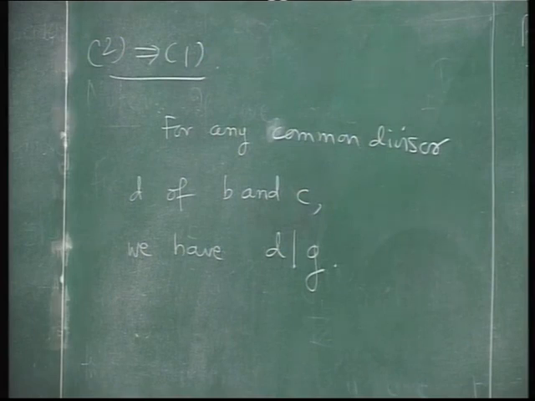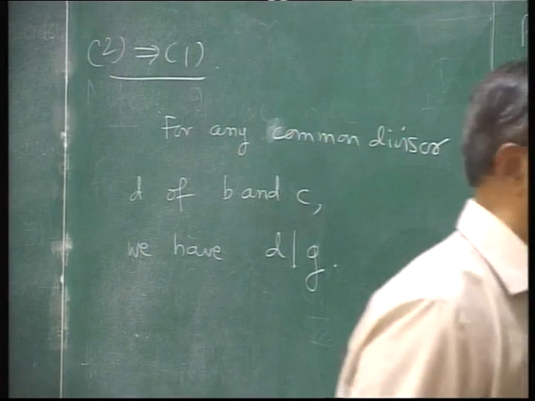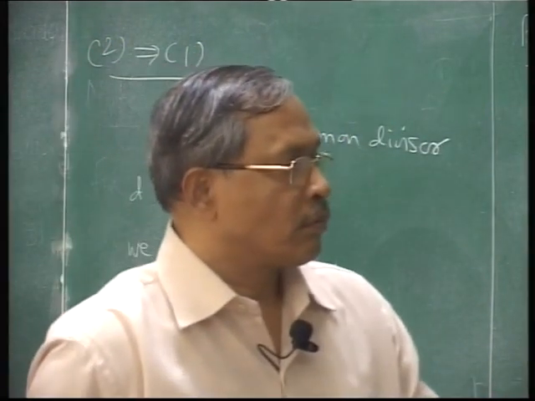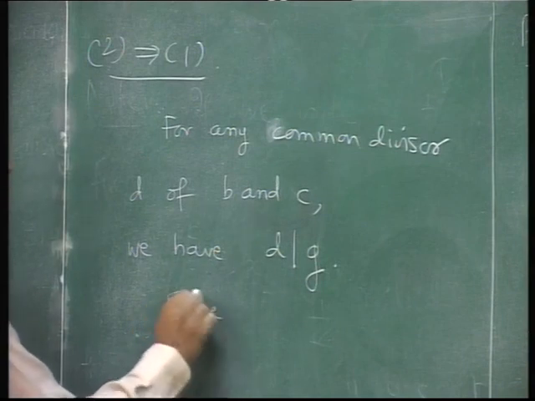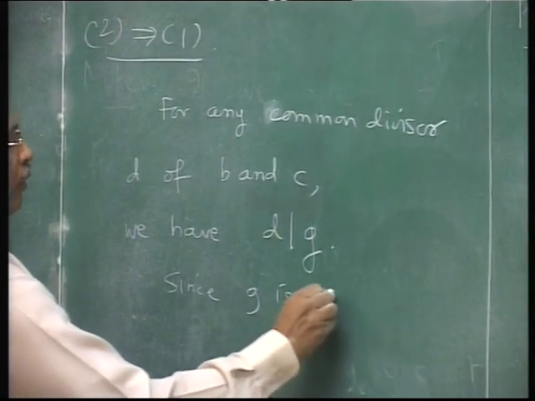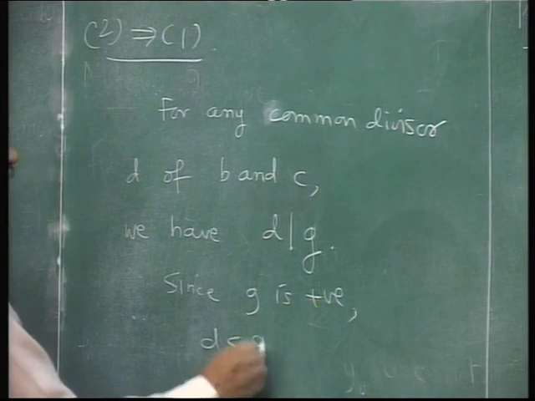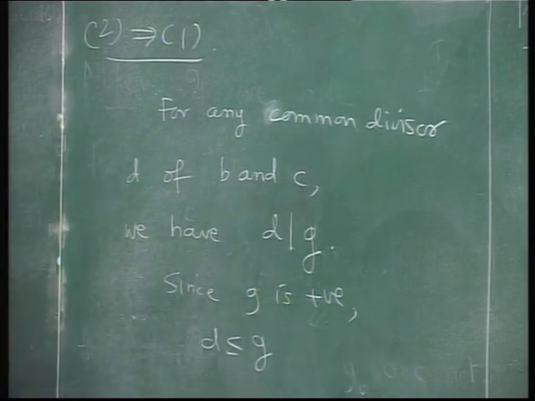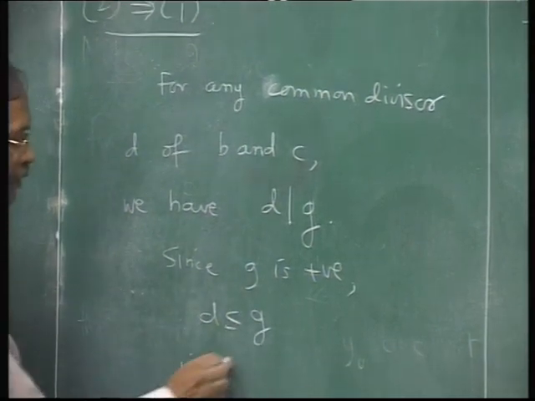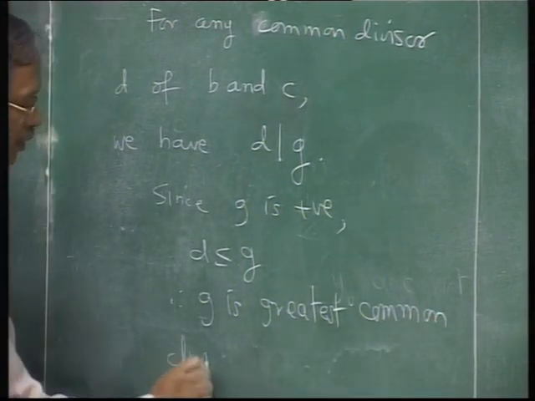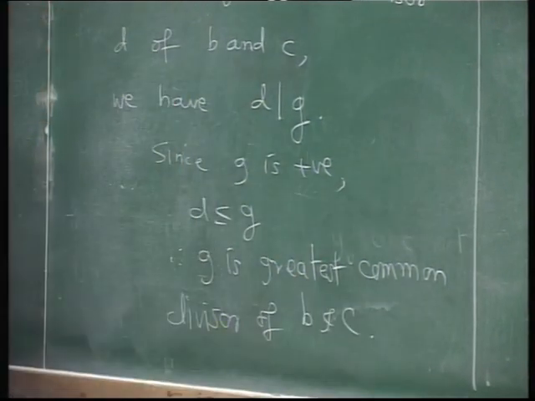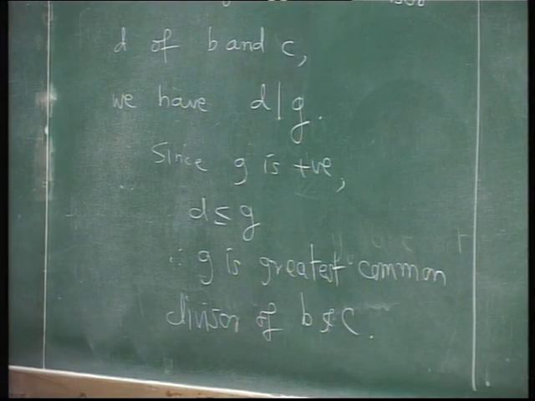G has the following property. G is bigger or equal to 1, that is at least positive is required, and G is a common divisor of B and C. If D is a common divisor of both, then D has to divide G. So we have D divides G. Since G is positive, D has to be less than or equal to G. Any divisor of G has to be less than or equal to G, and therefore G is the greatest common divisor of B and C. That's what we wanted.